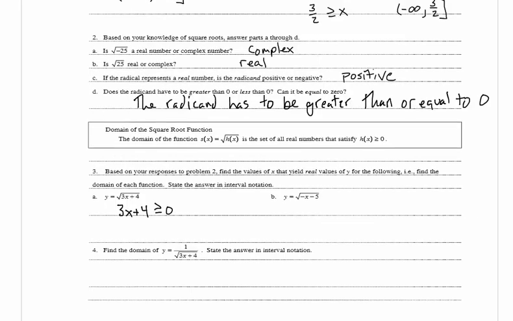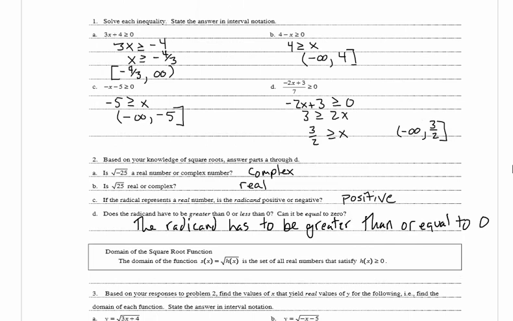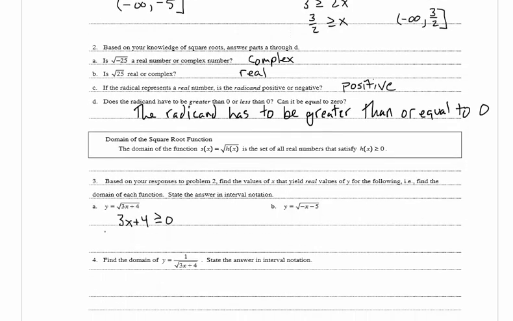And above, in 1a, we found that the solution to the inequality was negative 4/3 to infinity for 3x plus 4 being greater than or equal to 0. So we're going to have the same down here, negative 4/3 to infinity, which represents the domain of y is equal to the square root of 3x plus 4.